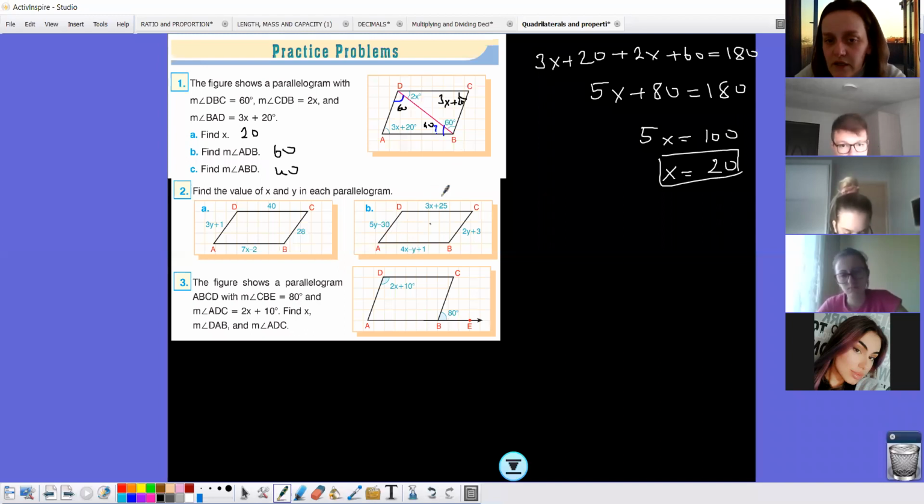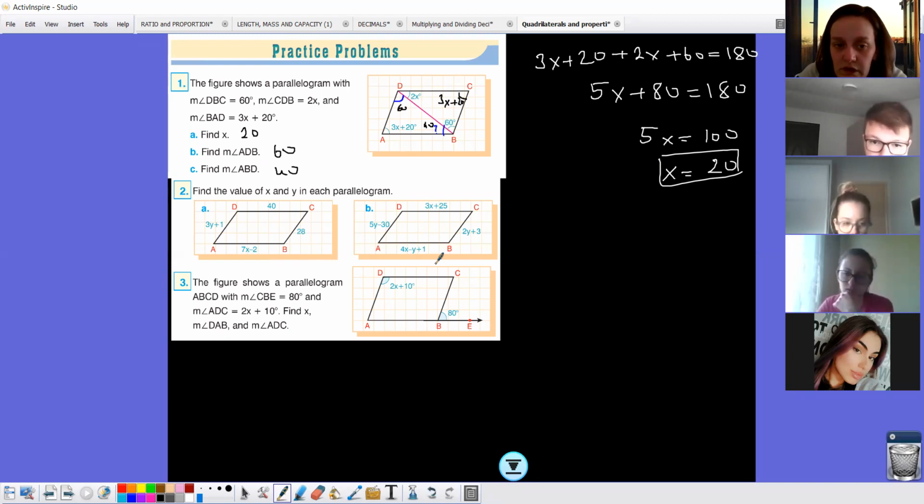When you find y here, from this AB and DC, you'll find the x values. Do you want me to solve this second question? It's easy, teacher, just to equalize.